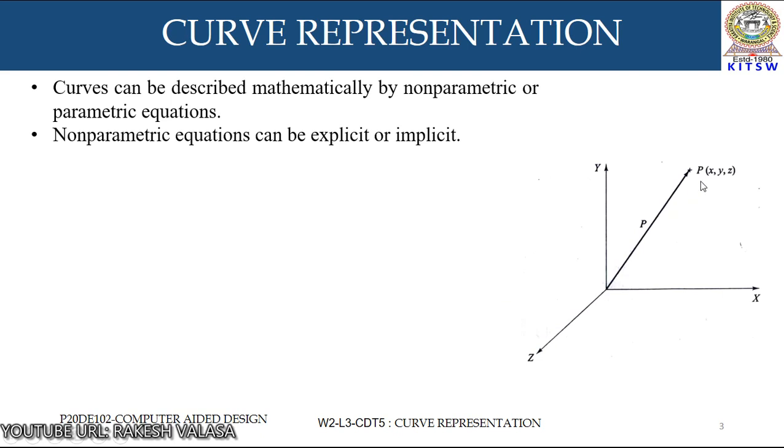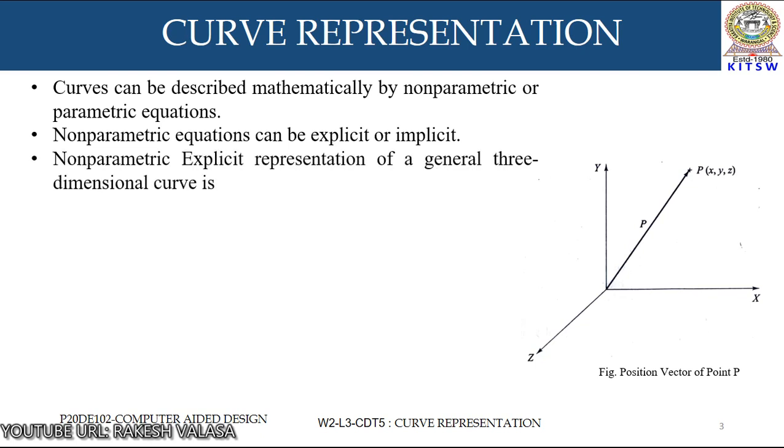How to represent this in non-parametric form? The non-parametric explicit representation of a general three-dimensional curve is P equal to [x y z] transpose. This is the actual point P.